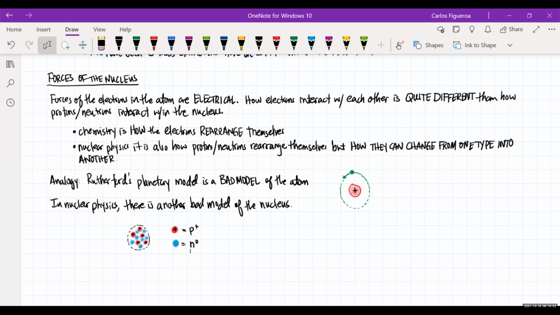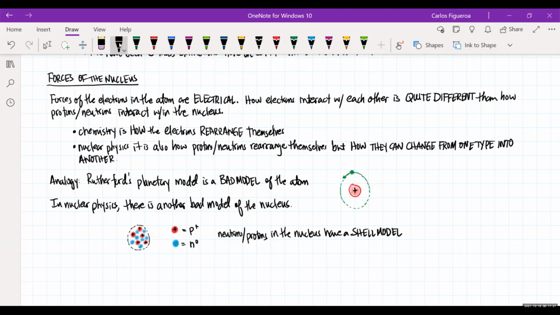And you might ask the question, so why are you teaching me this if it's a bad model? Well, here's what we know. Neutrons and protons in the nucleus have a shell model.